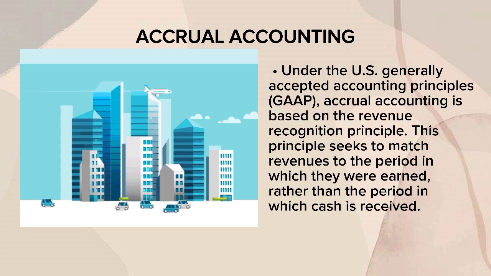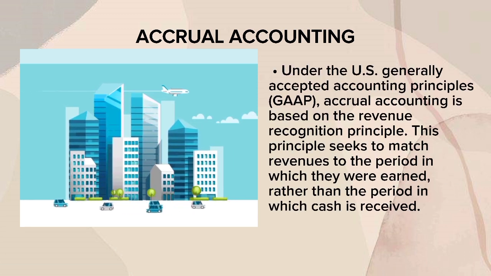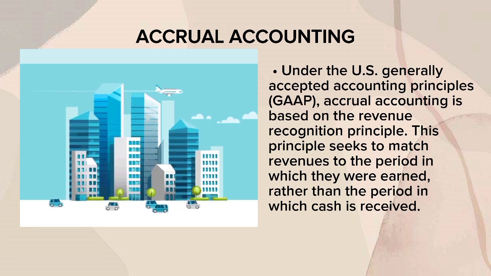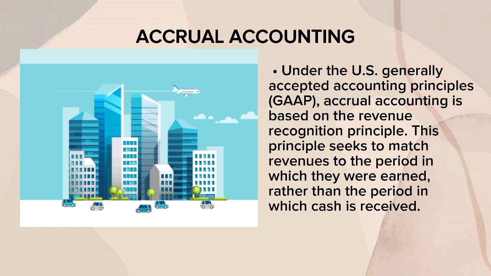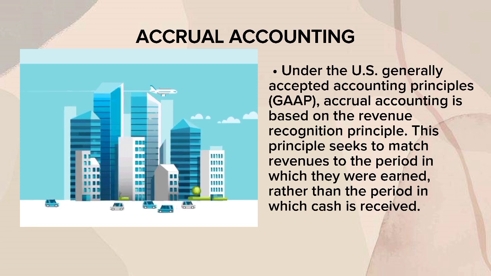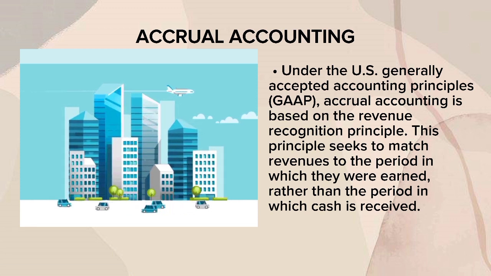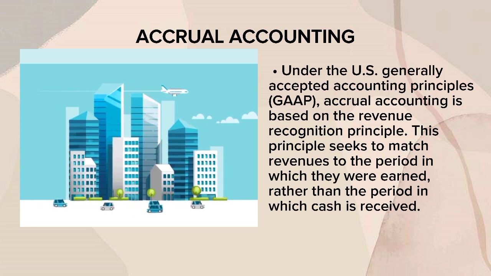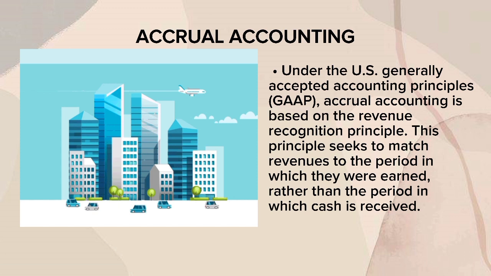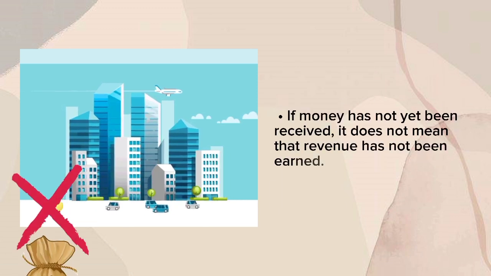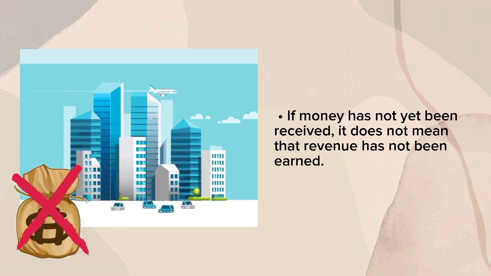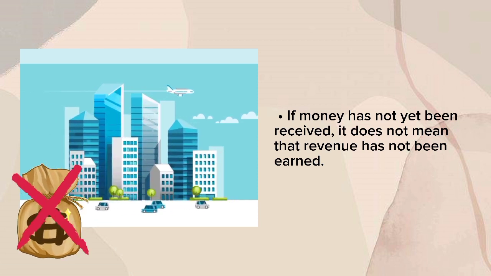Sa ilalim ng US Generally Accepted Accounting Principles or GAAP, ang accrual accounting ay batay sa Revenue Recognition Principle. Ang prinsipyong ito ay naglalayong itugma ang mga kita sa panahon kung saan sila kinita, kaysa sa panahon kung saan natanggap ang kinita. Sa madaling salita, kapag ang pera ay hindi pa natatanggap, hindi ito nangangahulugan na hindi ito kita.